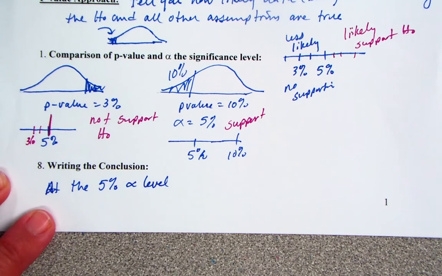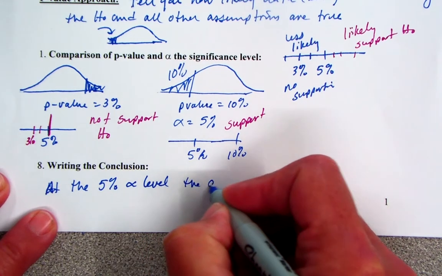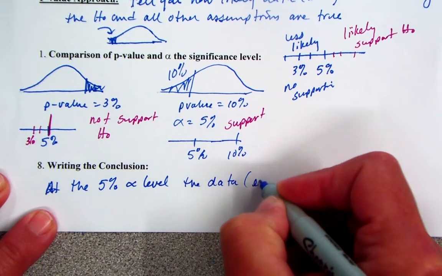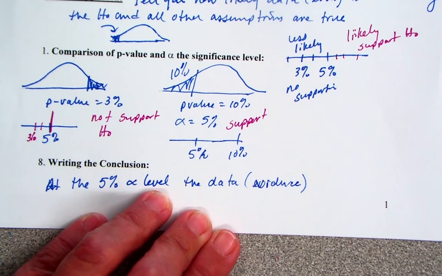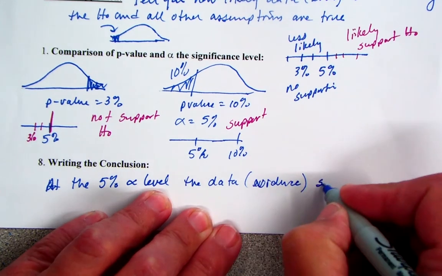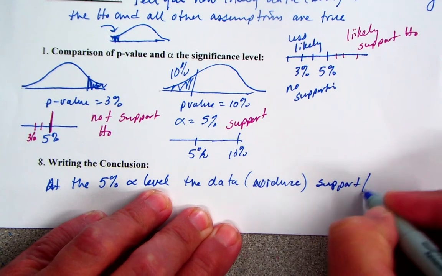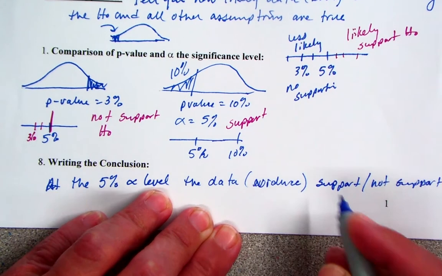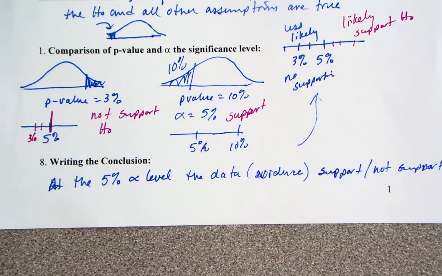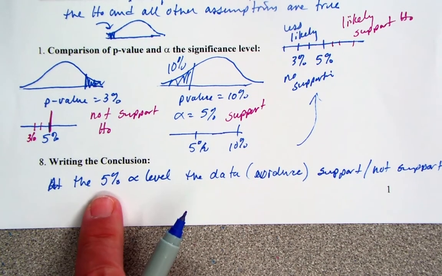At the 5% level, the data, which is my evidence, is either going to support or not support. We're going to make a choice. We're going to make that choice based upon the comparison to alpha. So I must state my alpha level.